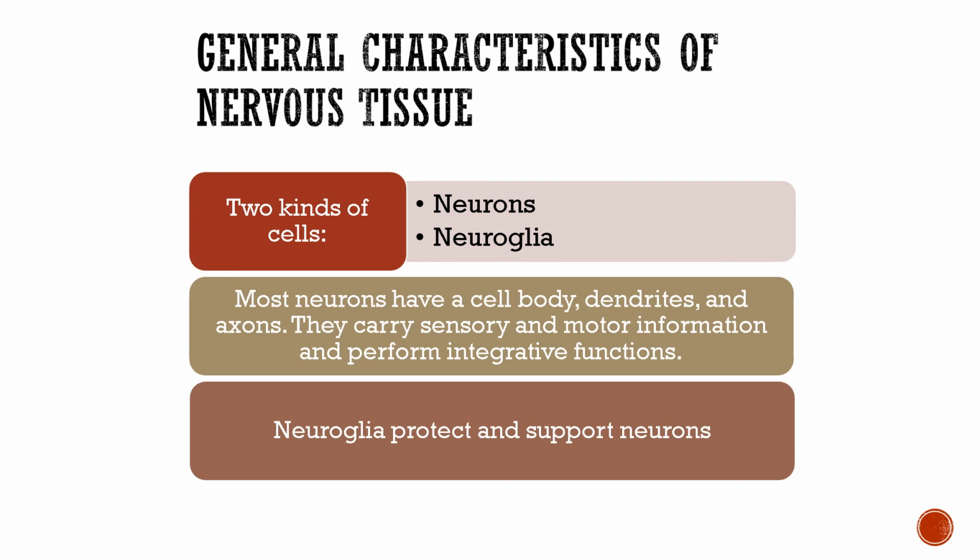So the cell body, this is where the organelles and the nucleus reside. Dendrites are going to be tapering, very highly branched and usually short extensions. These dendrites are going to be the major receiving or the major input portion of the neuron.